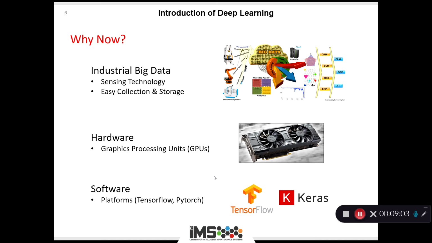Nowadays, the sensing technology has been well developed. We can collect many different condition monitoring data for our analysis, and we can also easily collect and store different kinds of data. So we have a lot of industrial big data now that facilitates our application of deep learning on the industrial problems. The second reason is the development of the hardware.